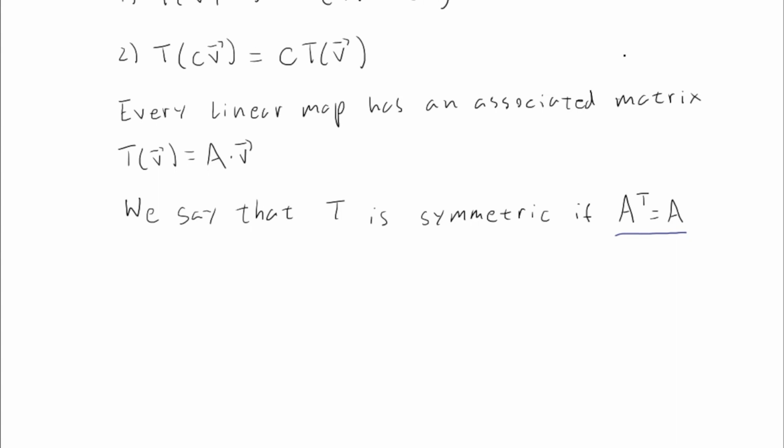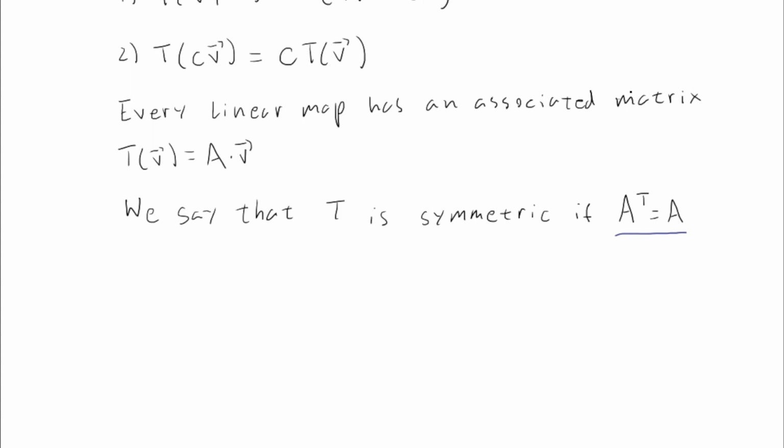But the problem for us is that we want to talk about linear maps in function spaces. And for those maps, we don't really have access to a matrix associated to that map, right? To a certain extent, it only works in the case where the vector spaces are Rn.